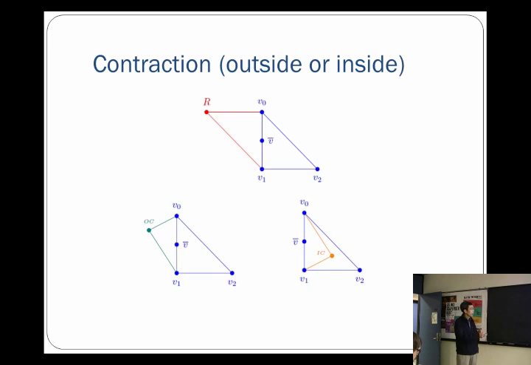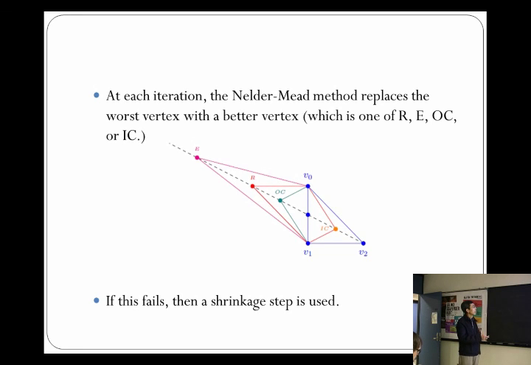Okay, if all this fails, let's summarize. This is our current simplex. We want to replace it, particularly replace the worst vertex by a better one. So we have four options: reflection, expansion, outside contraction, inside contraction. If all those fail, then we carry out the next step, which is called shrinkage.